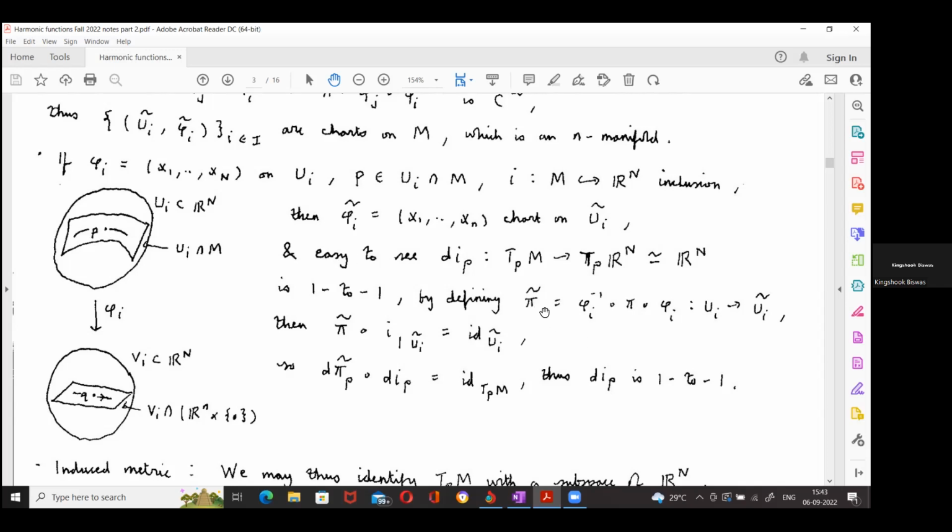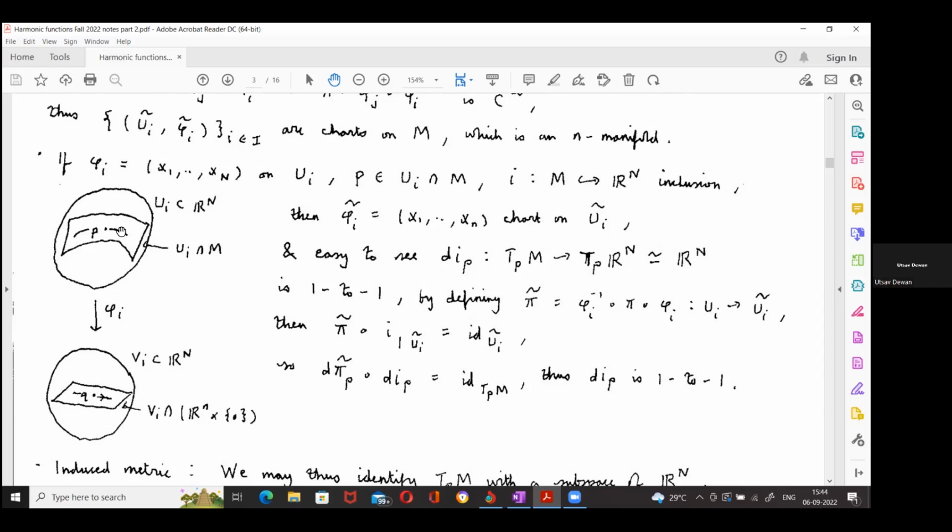So my pi tilde, this retraction will be phi I inverse pi phi I. This goes from ui to ui tilde. And clearly, pi I tilde composed with I, the inclusion, is equal to the identity of ui tilde, right? If I start with a point here, then it stays fixed under pi tilde, right? Is that clear?